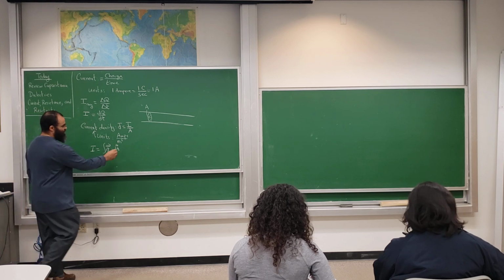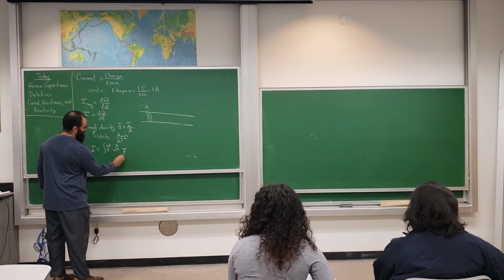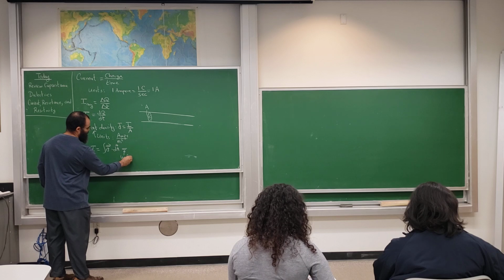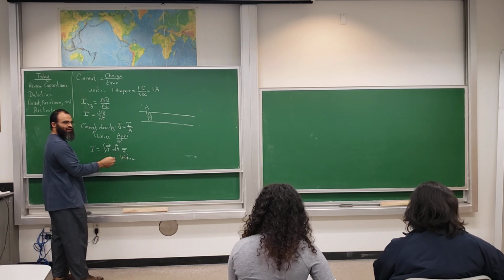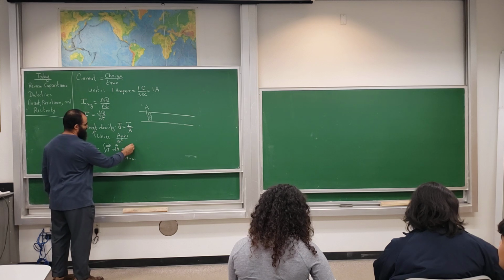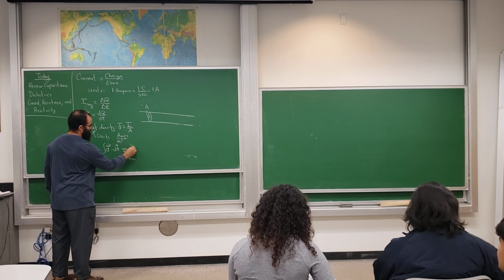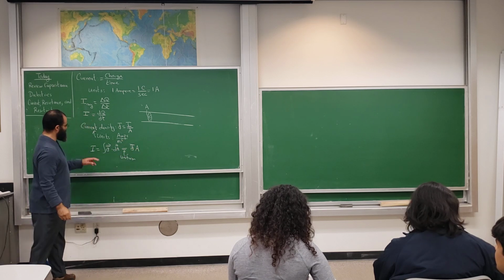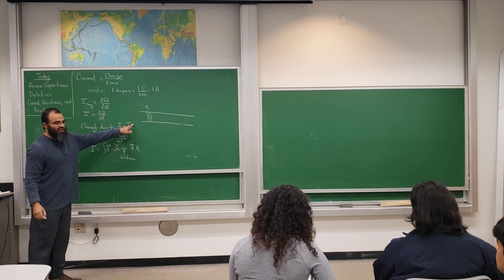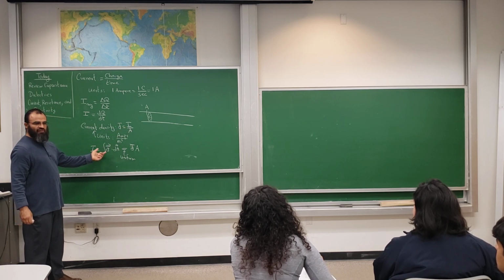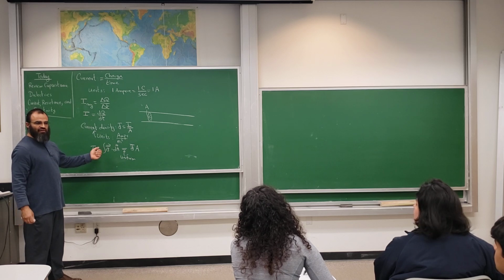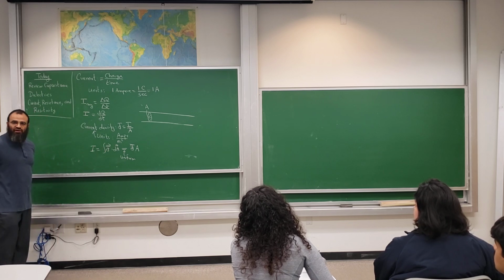But if it's uniform and happens to be parallel to the area, then you would just have J times the area. J times area is current. But sometimes J is not constant. We will have problems where it's not constant. You have to integrate.